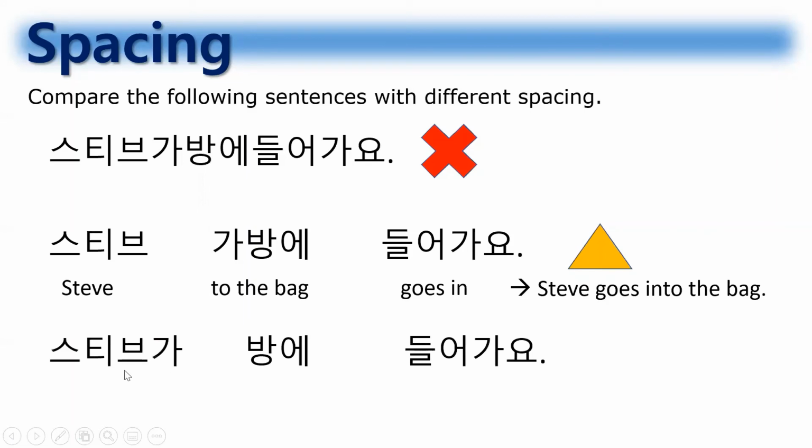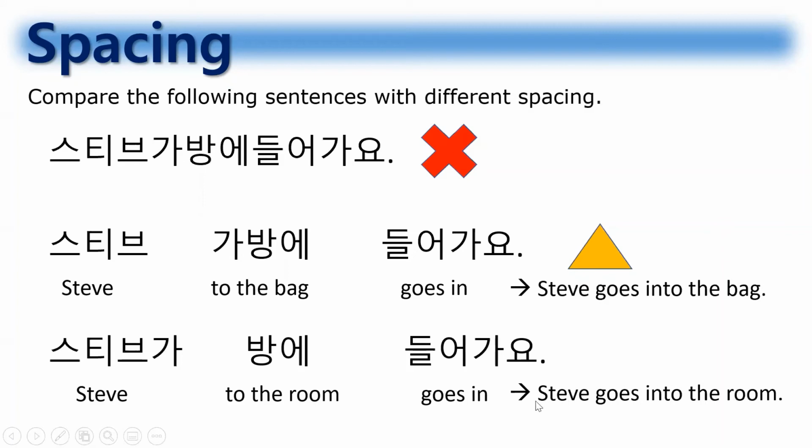And next, a sentence with slightly different spacing. 스티브 가 방에 들어가요. 가 is a subject particle, and 방 means room, and 에 is to. So Steve to the room goes in, and the meaning becomes Steve goes into the room. So this makes sense.